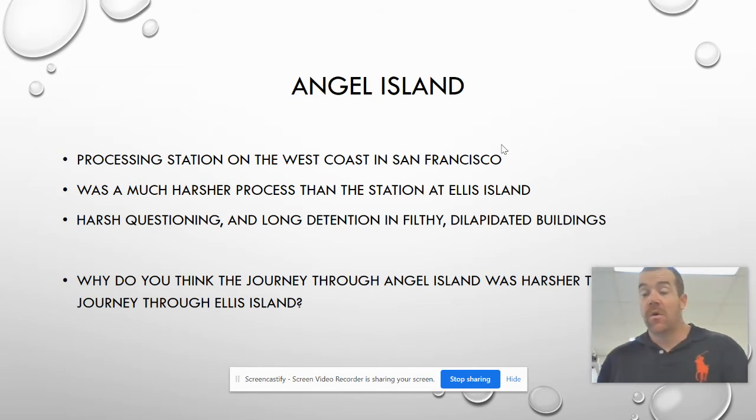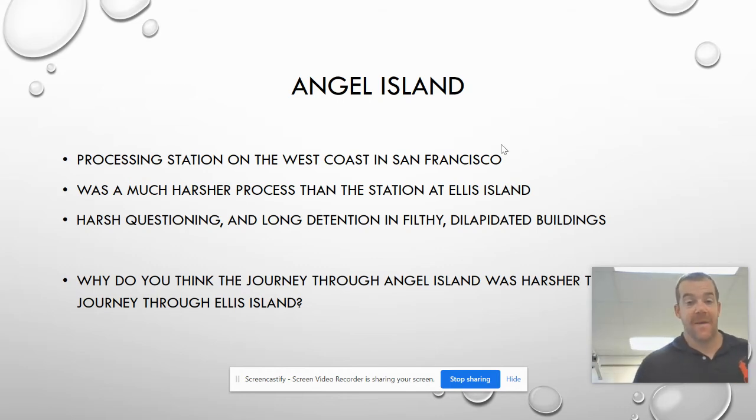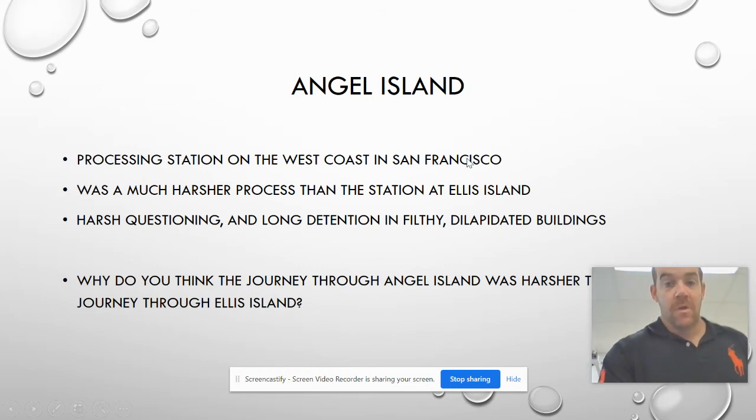On the East Coast, you have a lot of European immigrants, and most of America at the time was people of European descent. So that's probably why on the West Coast they were subjected to harsher questioning, because there was an element of racism in that.